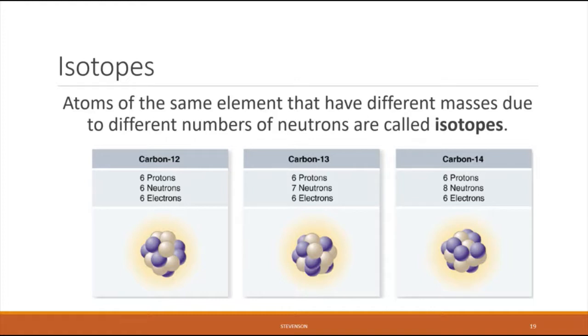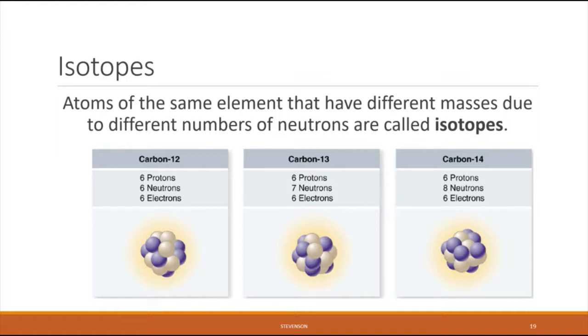Carbon-13 is another isotope which has, again, 6 protons because it has to. That's what makes it carbon. But instead of having 6 neutrons, it has 7 neutrons, giving it a total mass of 13, which is why it's called carbon-13. And then finally, carbon-14 has 6 protons once again, but this version has 8 neutrons, giving it a total mass of 14.